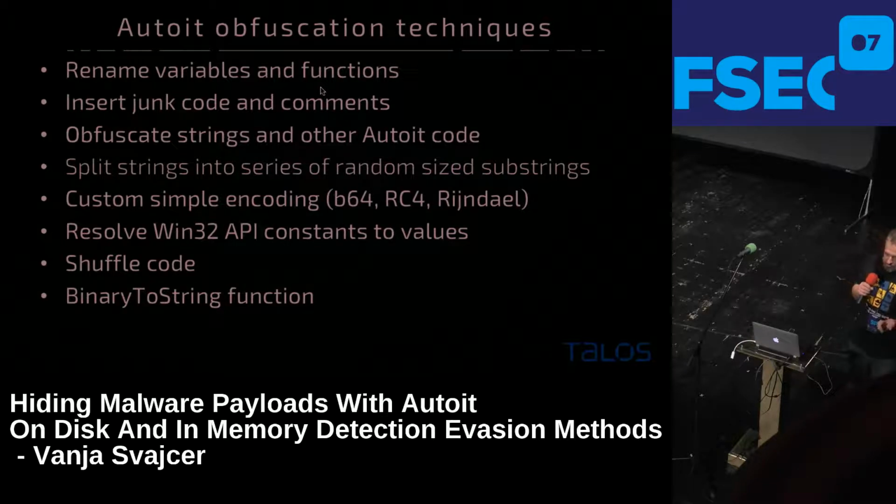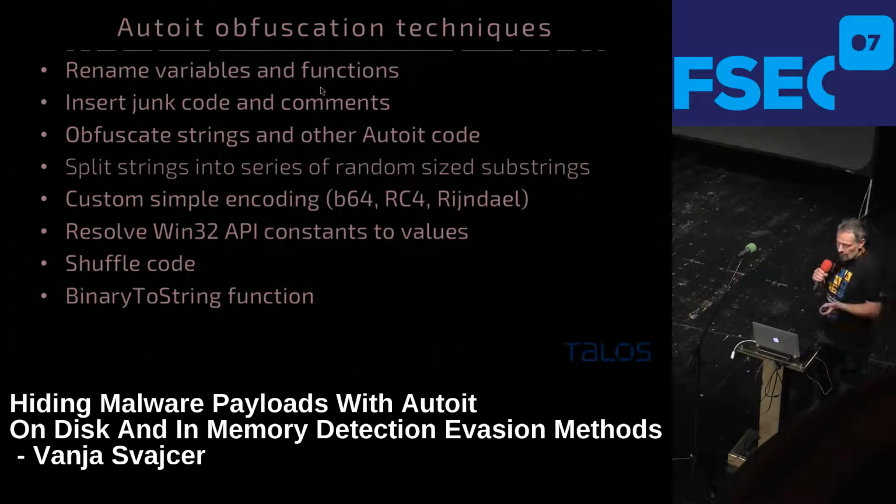One is to make your analysis more difficult, so when you read the code, it's more difficult to understand. And the second is when you have anti-malware detection that uses, let's say, string type patterns, you will be able to make the malware not detected at the beginning, which would then easily be detected in the end.